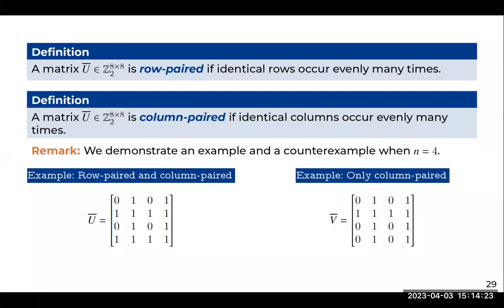On the other hand, if it is column paired, then identical columns occur evenly many times. For example, if you look at a 4x4 matrix, then these 2 rows are identical or these 2 columns are identical. But if you look at the right-hand side, the V bar, then identical columns are paired, but identical rows occur oddly many times. So this one is not nice.